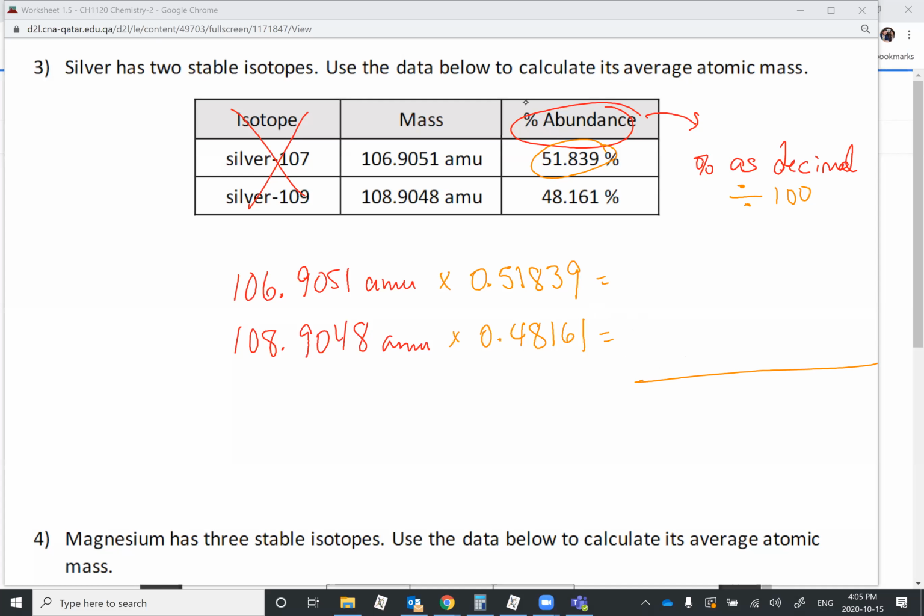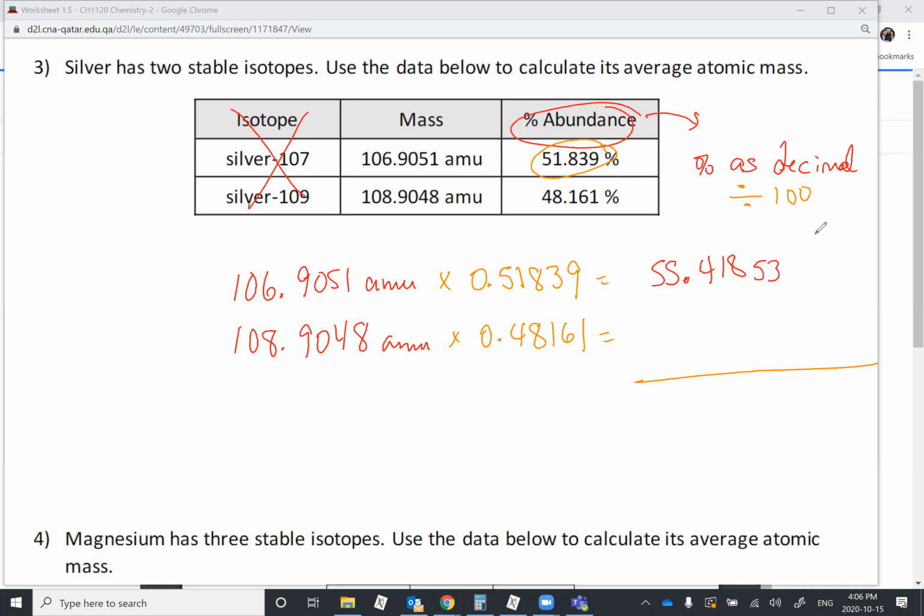So first things first, let's multiply those two first numbers on the top. 106.9051 multiplied by the decimal 51%, but remember I changed it to a decimal. So 0.51839. Okay. So this is 55.418. Now, that is all of my sig figs, but I will write down another two numbers.